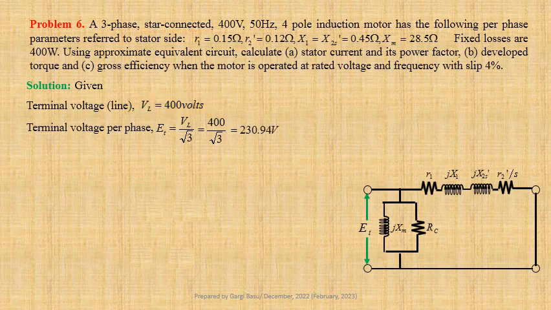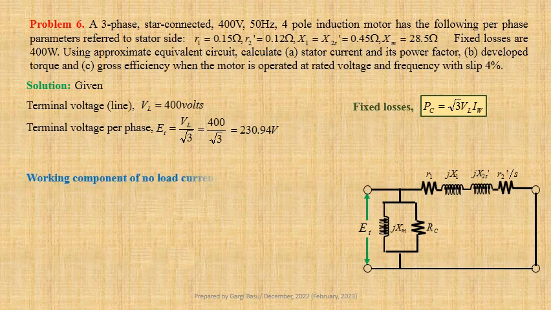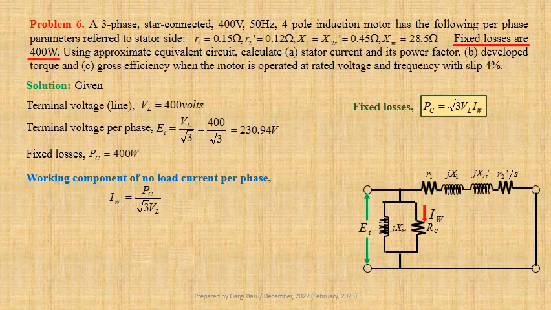Expression for fixed losses: PC equals root 3 times VL into IW. Therefore, working component of no load current per phase, IW, equals PC divided by root 3 times VL. Given fixed losses PC equals 400 watts.